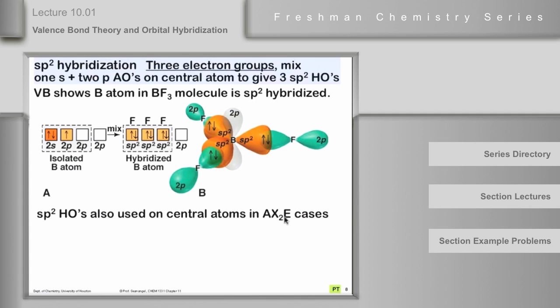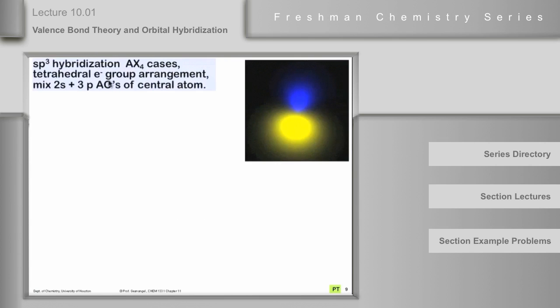A hybrid orbital is happy with a lone pair of electrons, just like a bonded pair of electrons, according to this model. Okay. Questions about AX3 and AX2E hybrid orbitals? All right, let's go on to the next one then, if not.